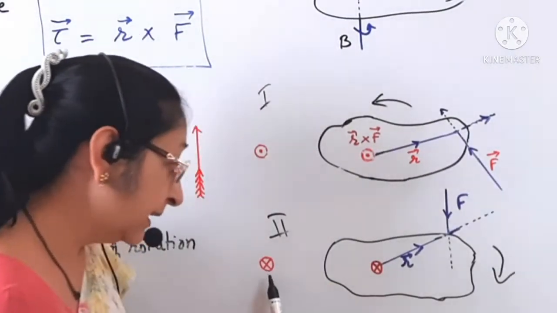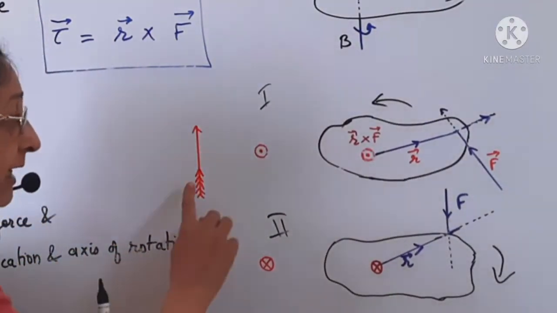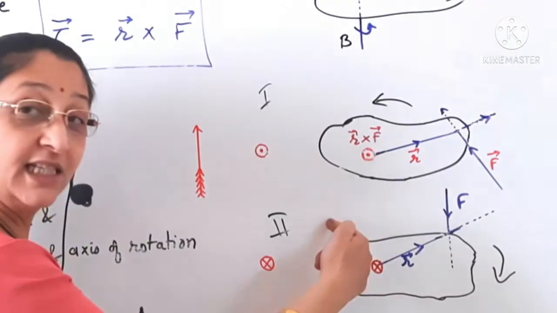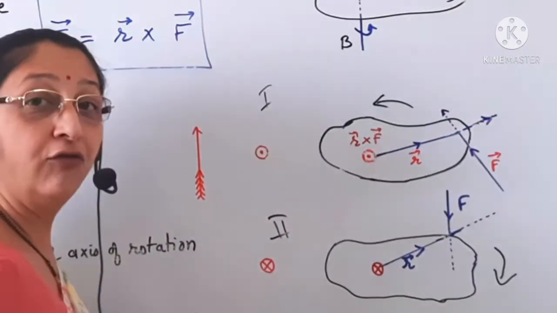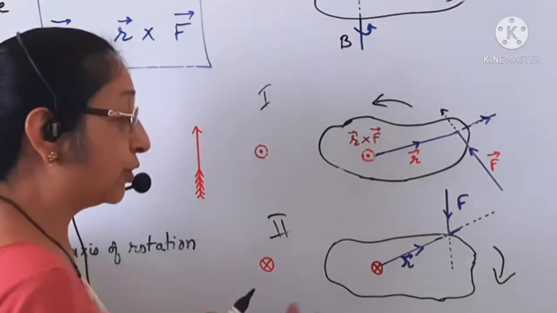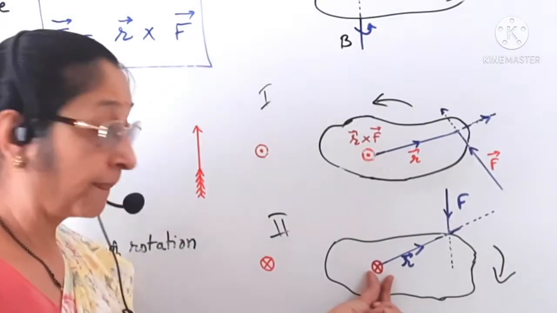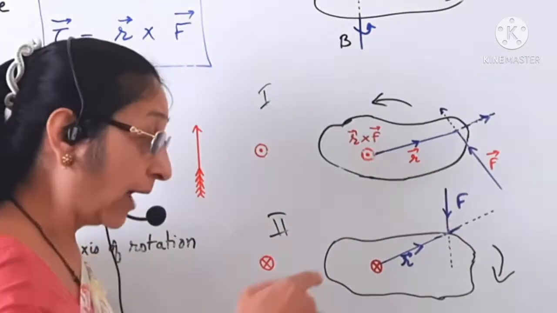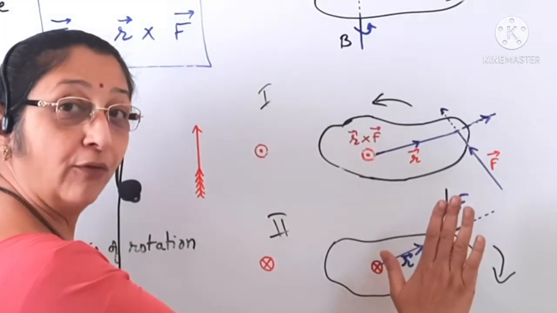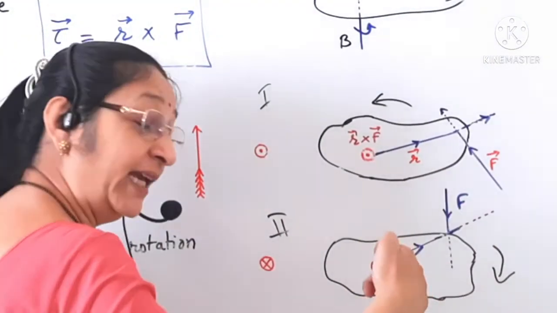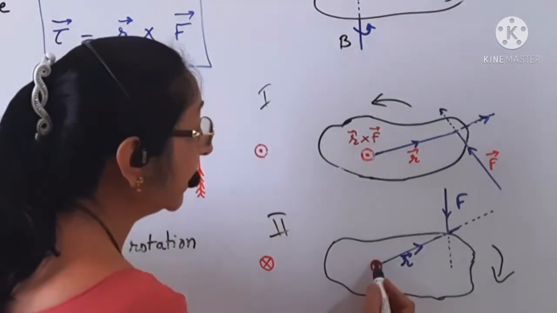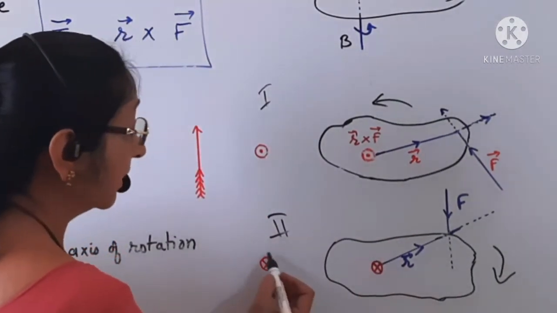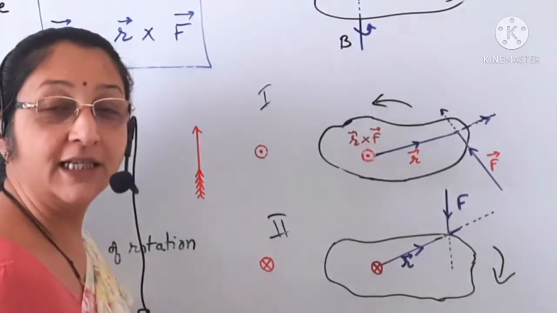Now, why is this the sign? When this arrow is moving inside the plane of the board, then we can see the feathers. Hence, to show that the arrow is perpendicular to the plane of the board and going inside the board, and to show the feathers, we show this circle and a cross inside the circle.